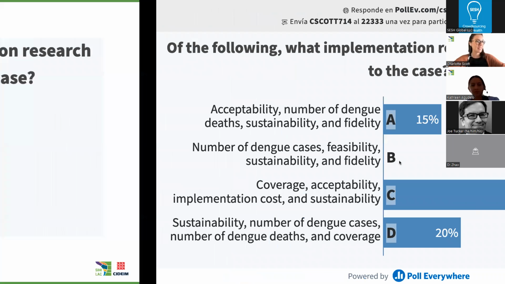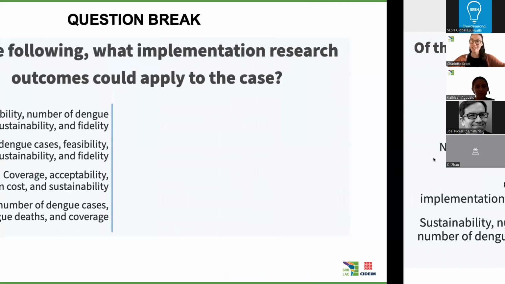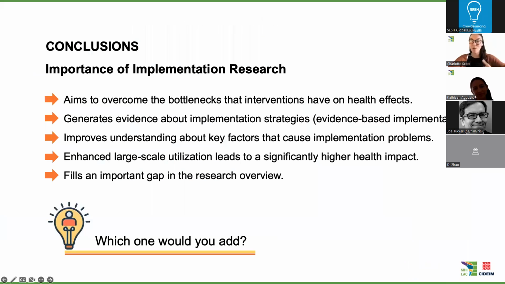All right. So just to give some overall conclusions from this session, thinking about the importance of implementation research: it aims to overcome the bottlenecks that interventions have on health effects. It generates evidence about implementation strategies, so this evidence-based implementation can be used in other contexts or within other communities.